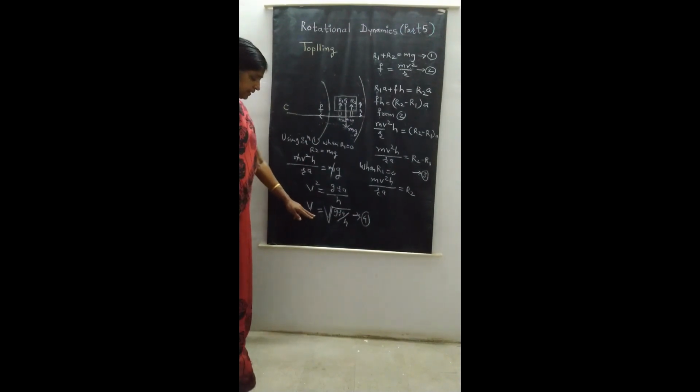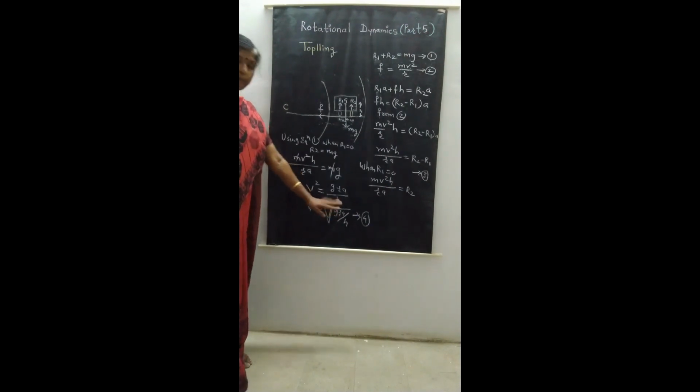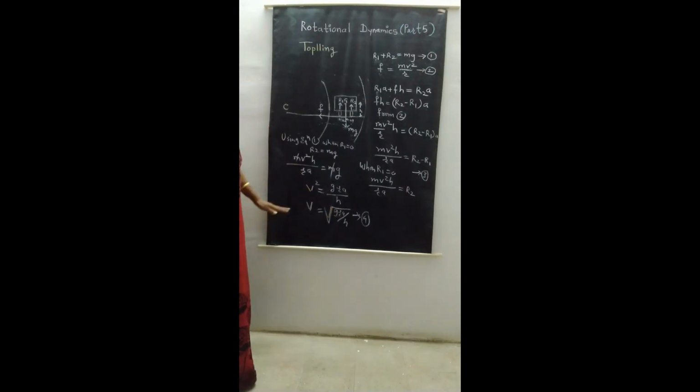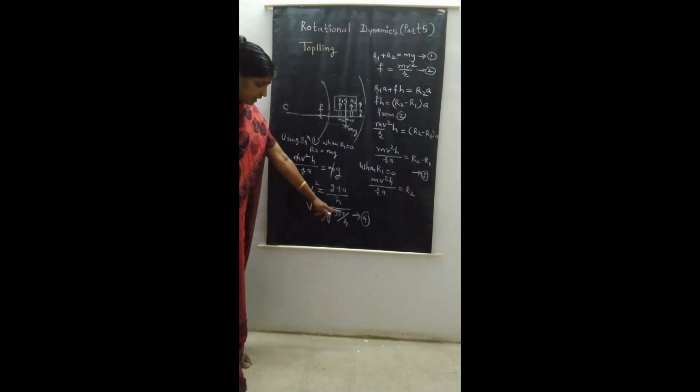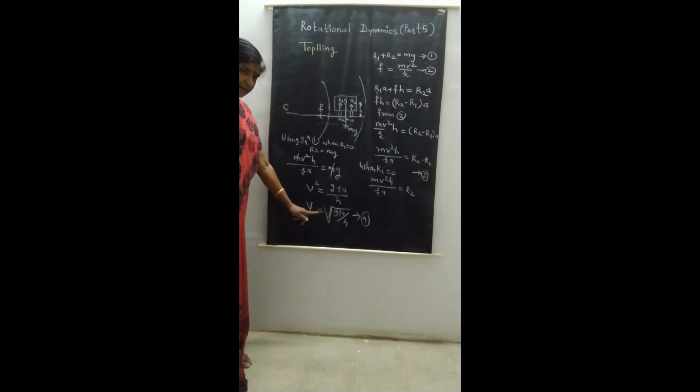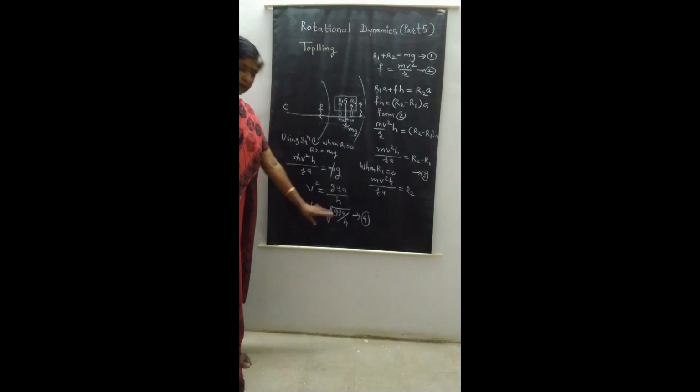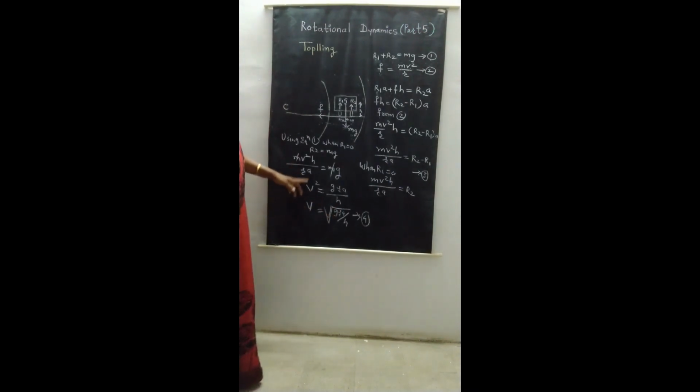But if the speed becomes equal to under root of gRa upon h, it has a tendency just to topple, and if the speed exceeds this limit, if v is greater than under root of gRa upon h, then the vehicle will topple, it will fall down.